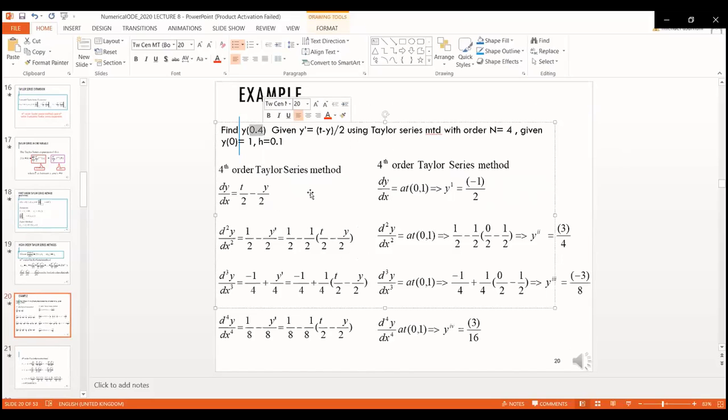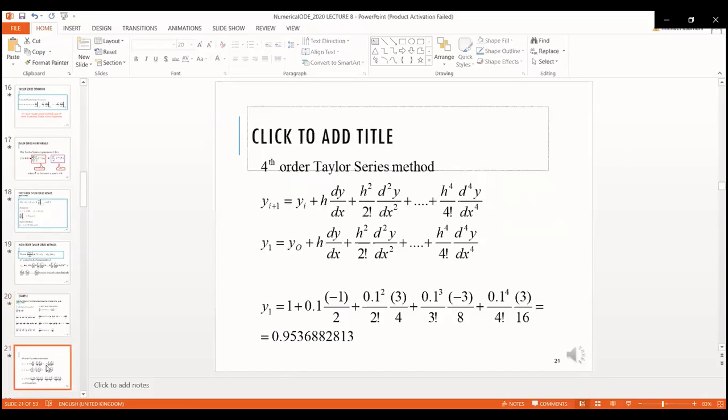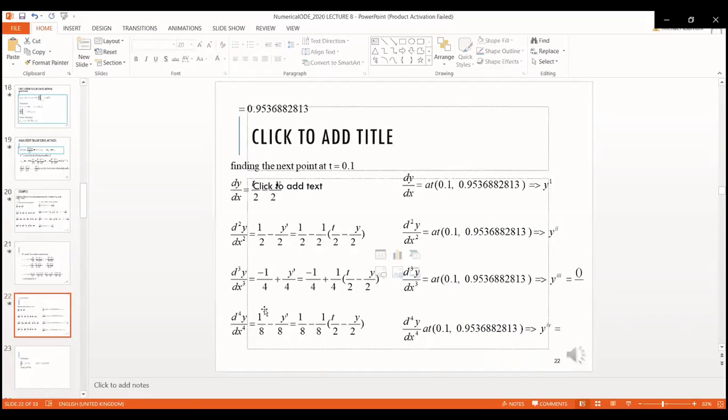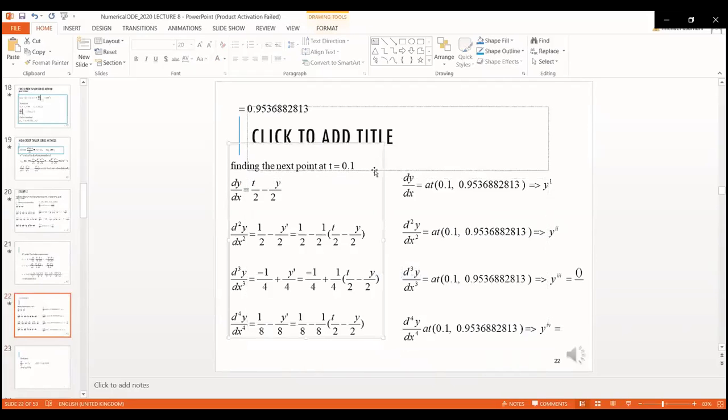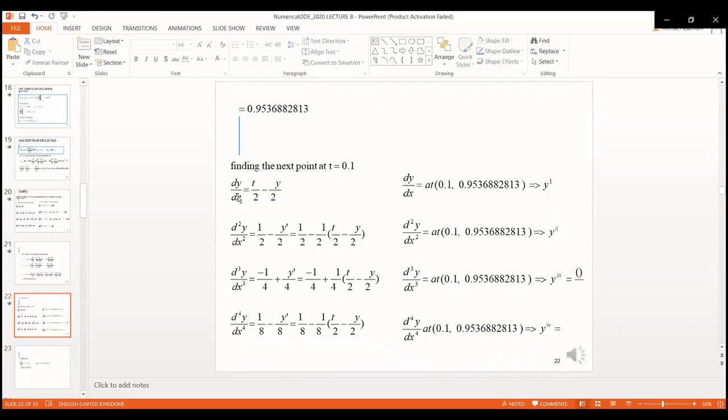So in the next iteration, you have to go back to your original equations. This is the dy/dx. In the next iteration, you don't find the derivatives again.